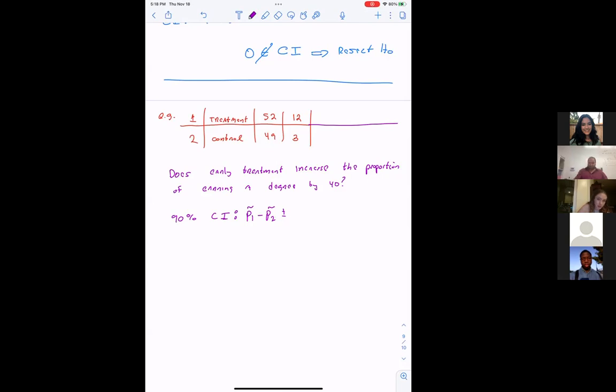Z star times the square root of P1 twiddle (1 minus P1 twiddle) over N1 plus 2, plus P2 twiddle (1 minus P2 twiddle) over N2 plus 2. That one? Yeah, that's the right one.